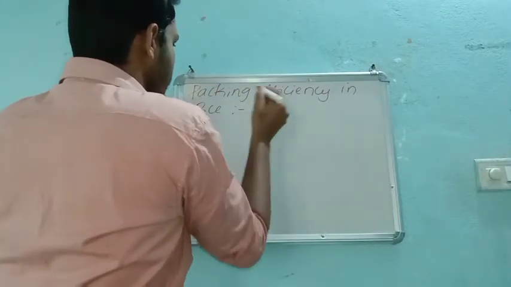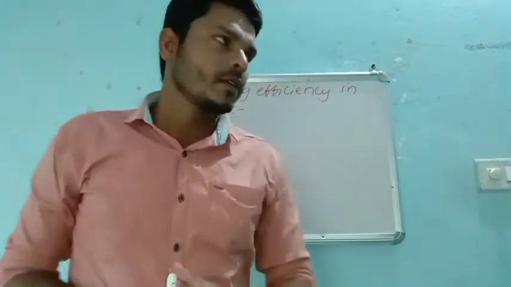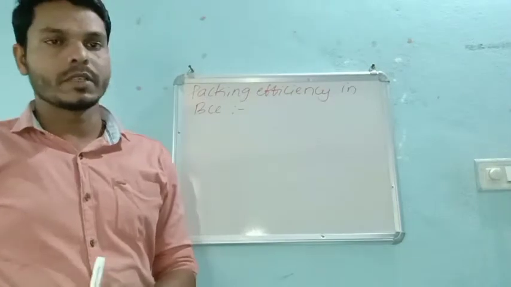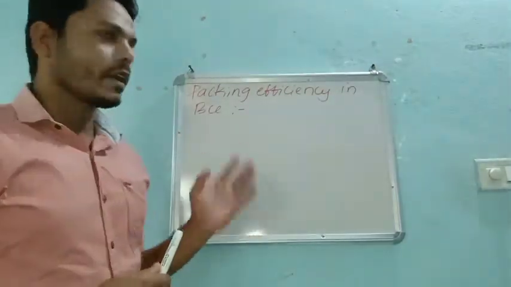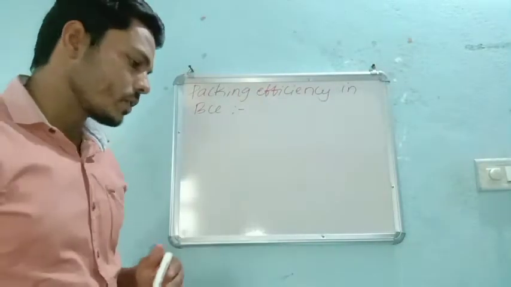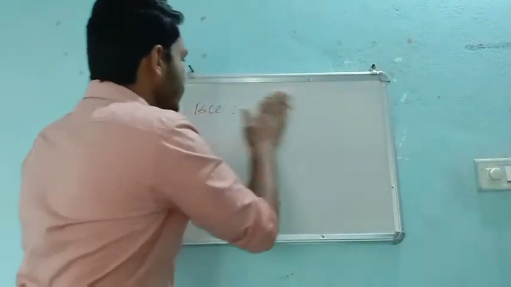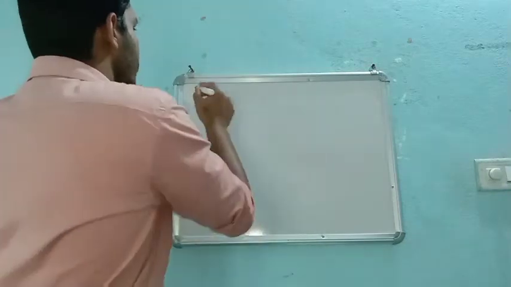The same question they ask: calculate the packing efficiency in BCC. This is also for 3 marks. So here we will see how much percent is packed and how much is empty. Let us take a BCC unit cell first.